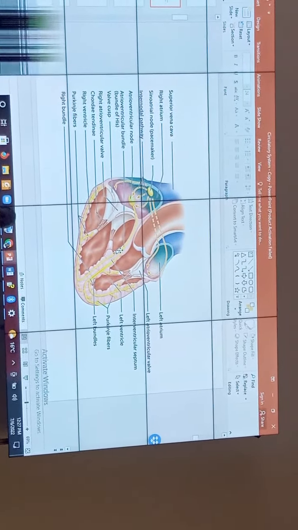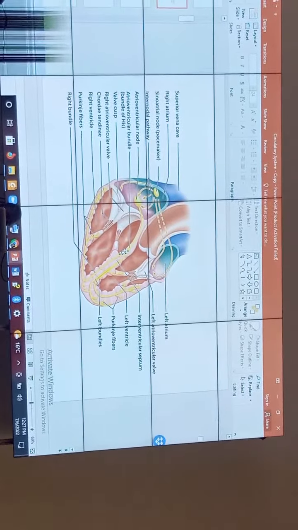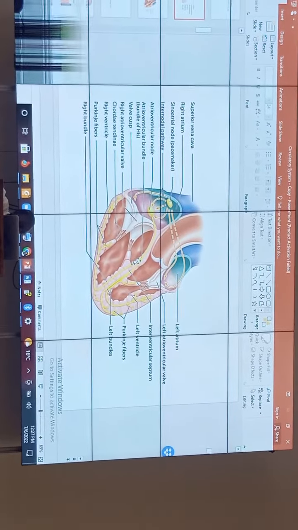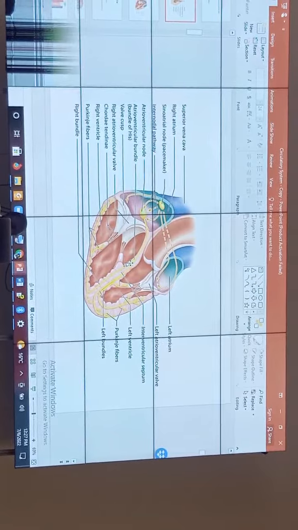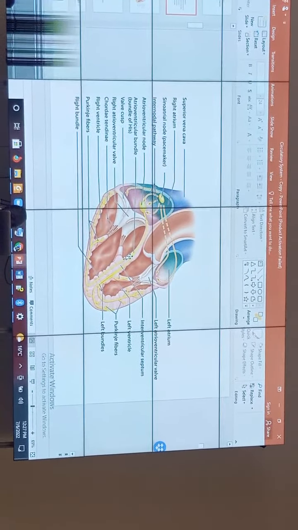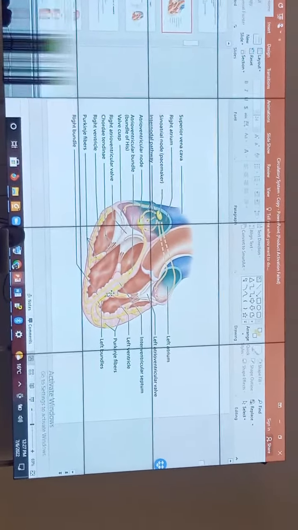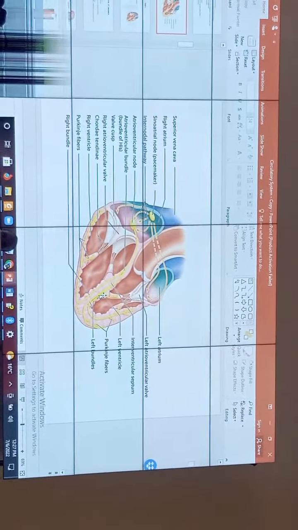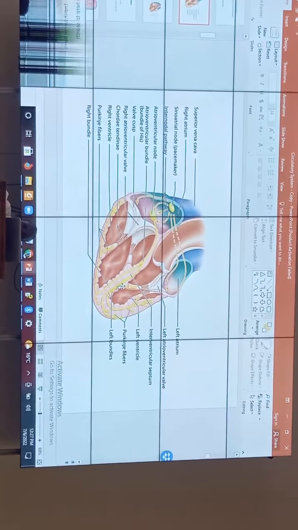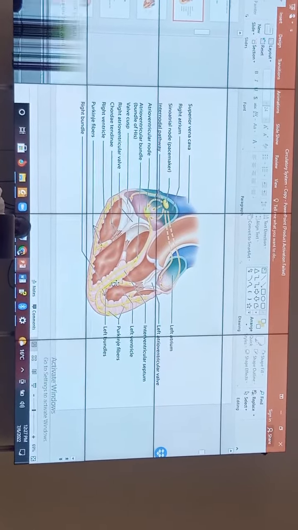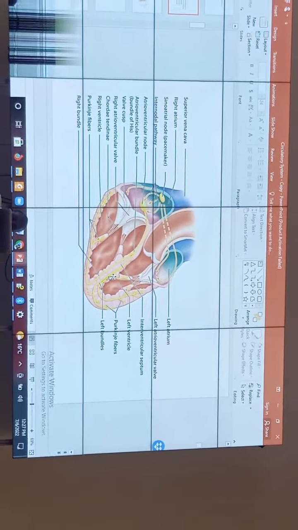So what structure or structures on the surface of the heart indicated to us the location of the interventricular septum? The guy in a checked shirt, green and white checked shirt. Yes, tell us.